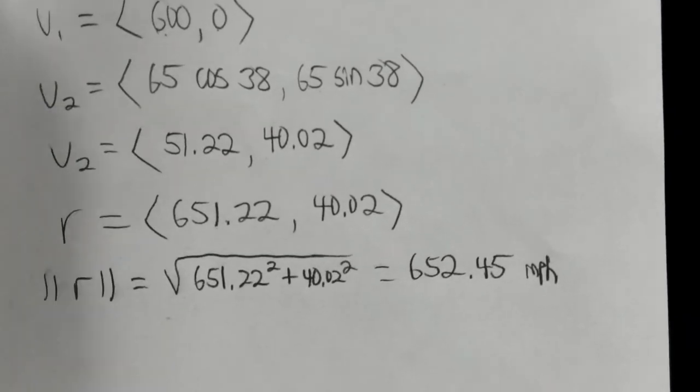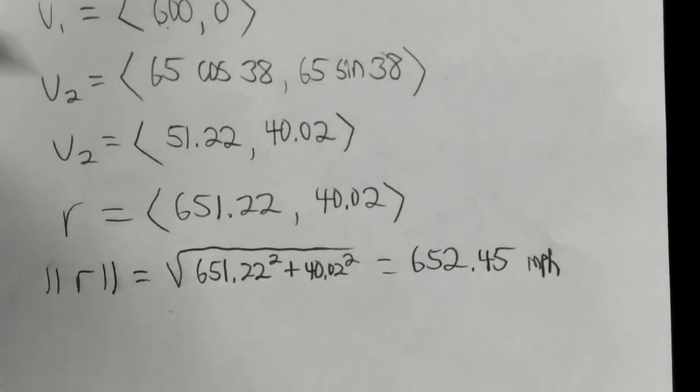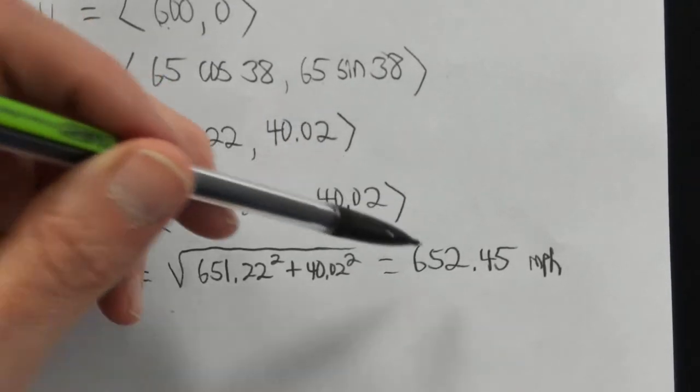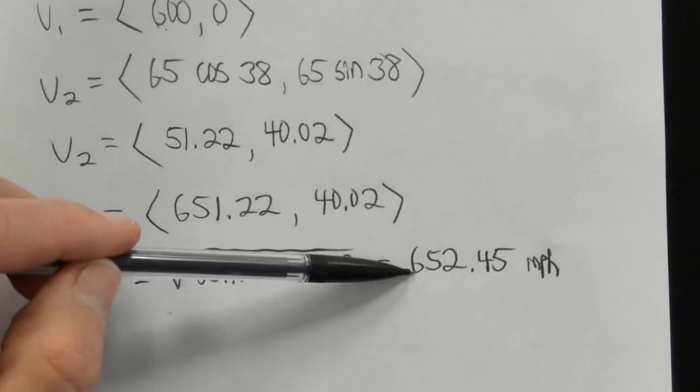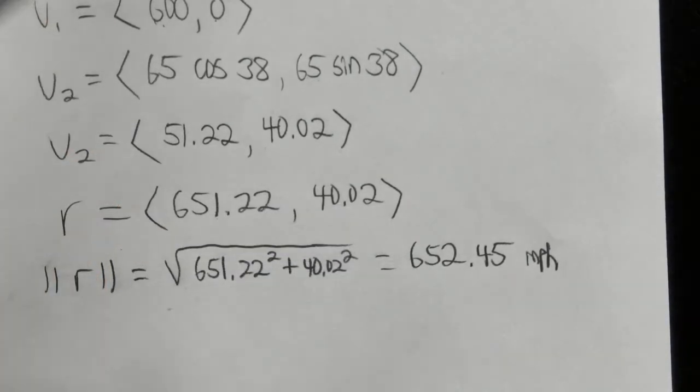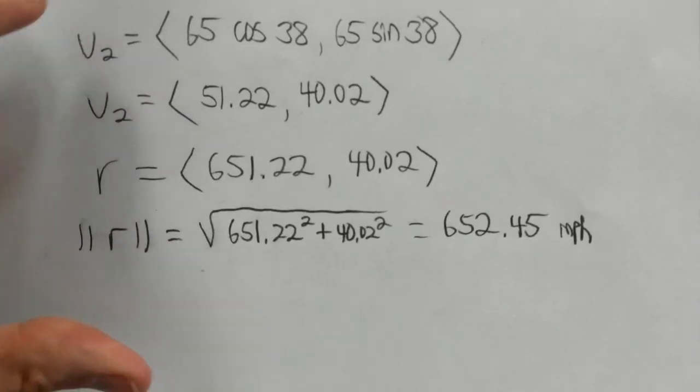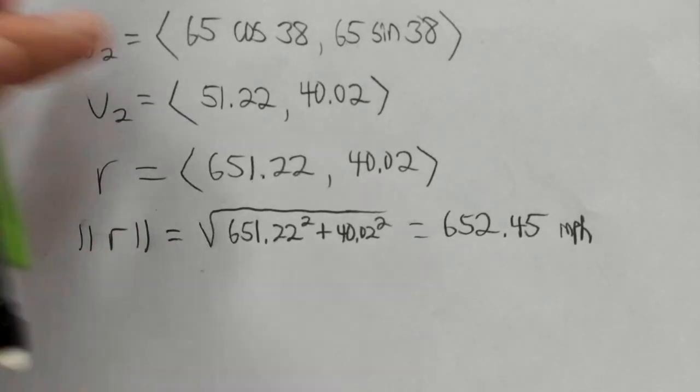Okay, so just keep that in mind. All right, but as you can see, theoretically, with a 65 mile per hour tailwind that's at 38 degrees off of the back of it, that should give the plane a boost of about 50 miles per hour. All right, theoretically speaking, ignoring all the other external factors.